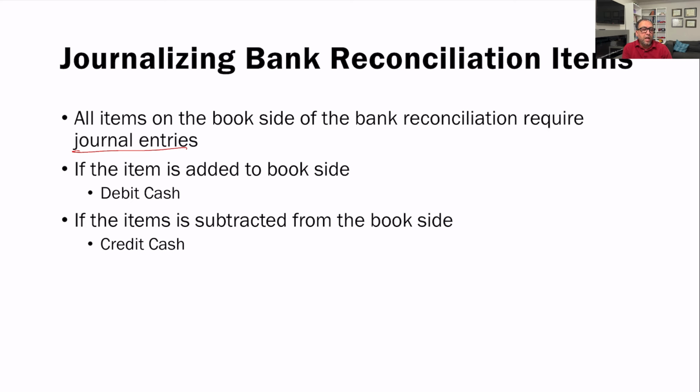The rest of the things: we received interest, so we debit cash and credit interest revenue. If we make payments for insurance premiums, we debit insurance premiums expense and credit cash.